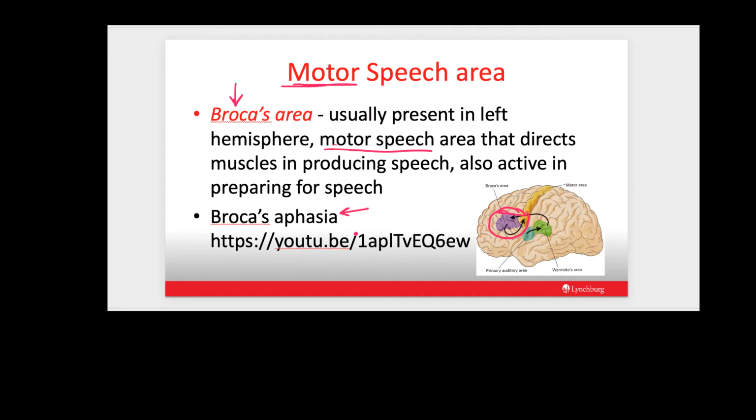These patients really have a hard time getting words out. They know what they want to say. They just can't get it out. They have a very halting speech pattern.